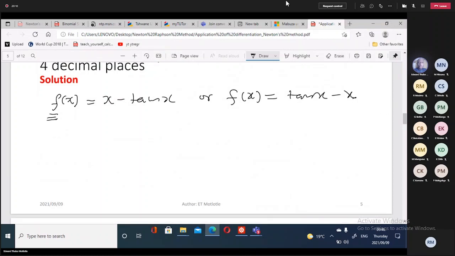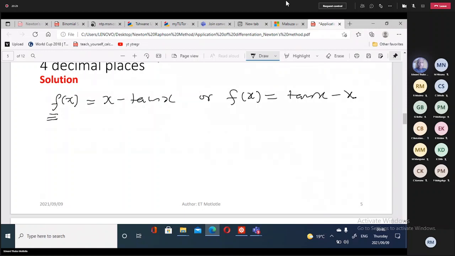Let's check which one I have used. So 4.6 minus tan 4.6. And remember, in this case, you are working in radians.